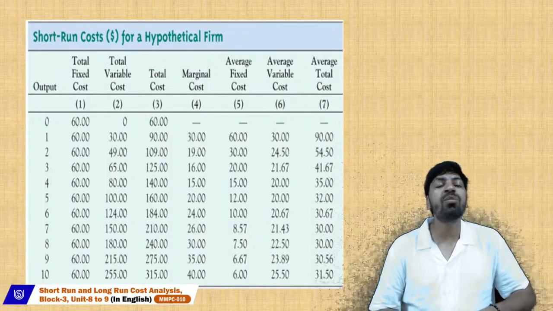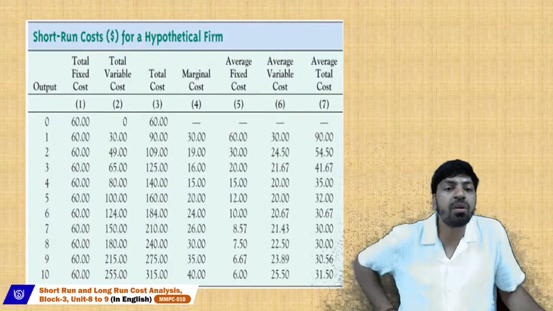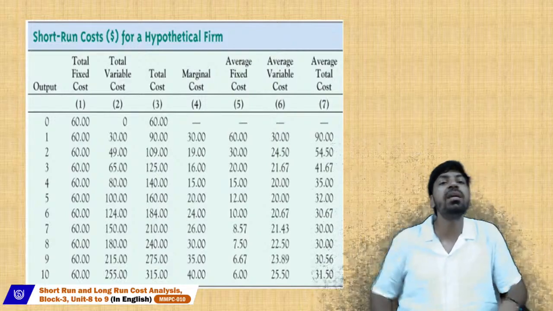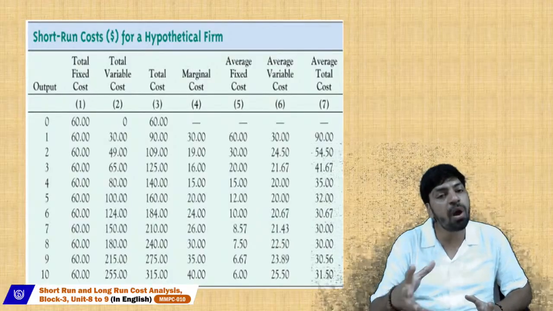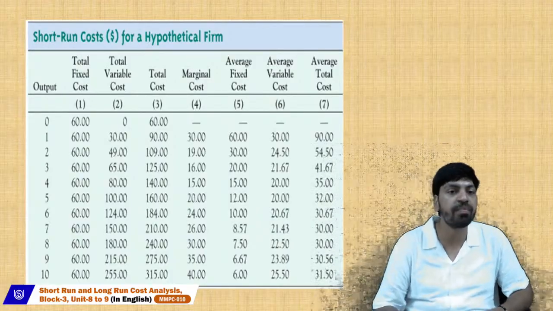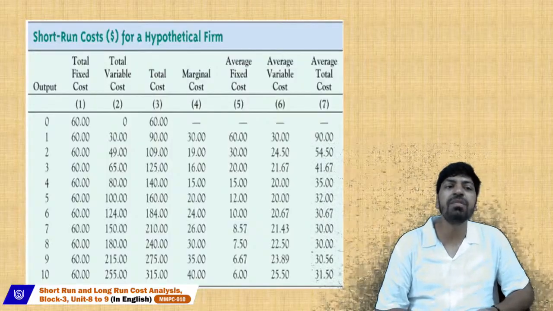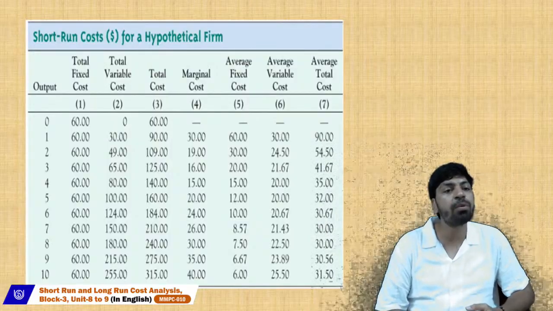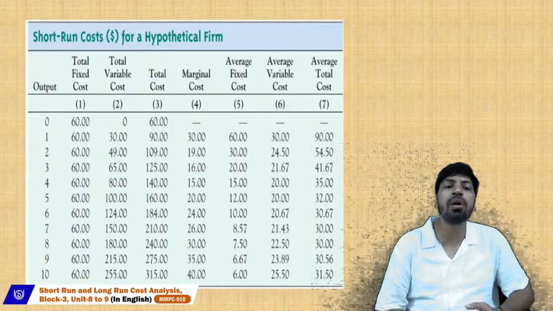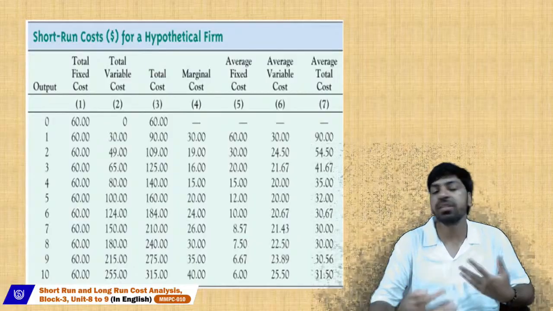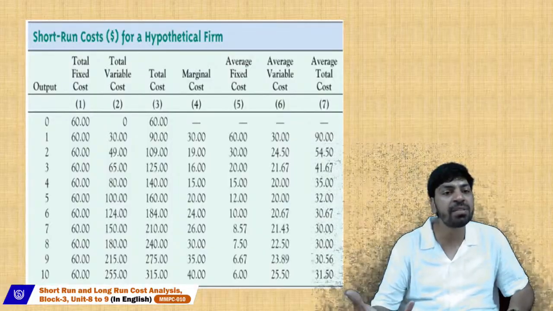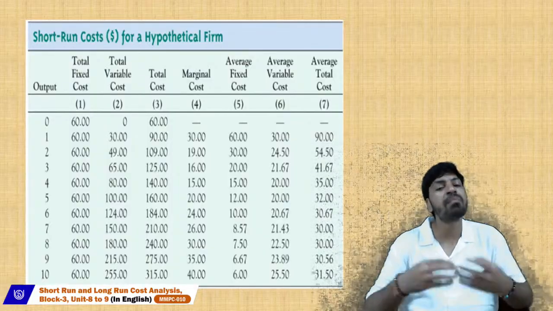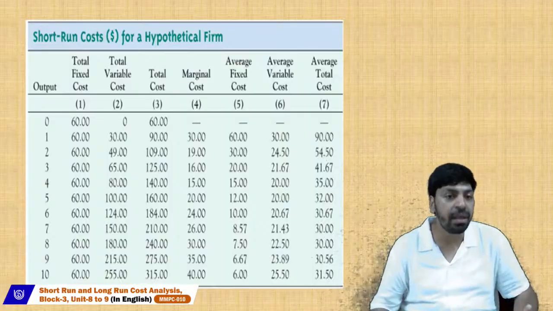Now we need to calculate the marginal cost. Marginal cost is the difference between the total cost of the present unit and the total cost of the previous unit. When the level of output is 0 and the total cost is 60, there is no previous unit produced, so the marginal cost is nil.